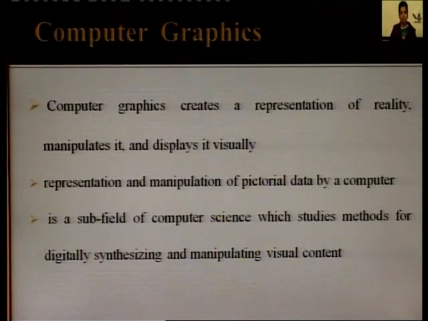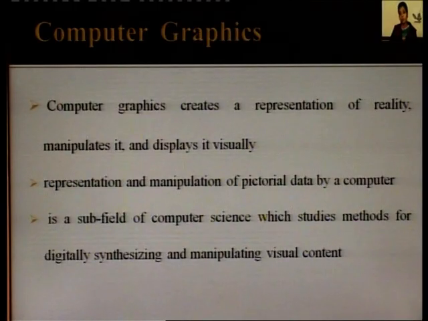Now what is computer graphics? Computer graphics is generally the creation of any realistic picture or animation, manipulating it and displaying it virtually. So representation and manipulation of any picture data by a computer is computer graphics. Computer graphics is a combination of two words, graphics and computer.